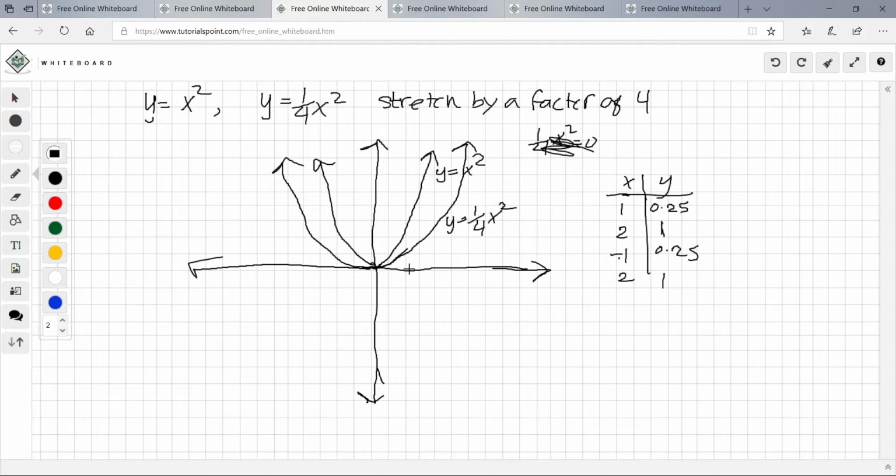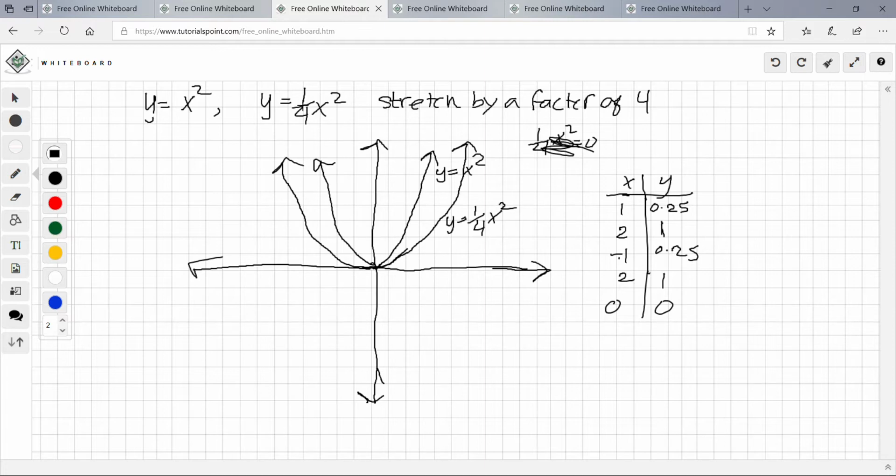So if you were to plot it, here's 1, and then you go up 0.25, and then go 2 right, and then up 1. And the same on the left side. You can actually add more points, like 0, which would be 0, 0, because it's still the origin.